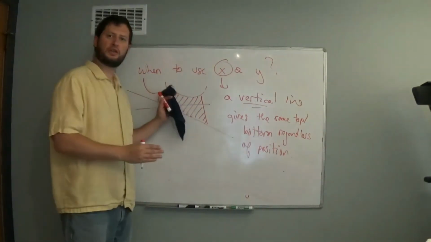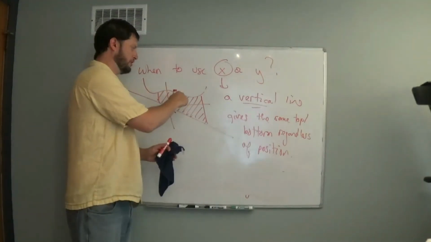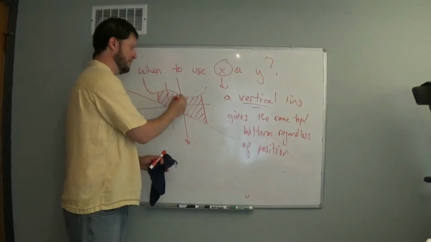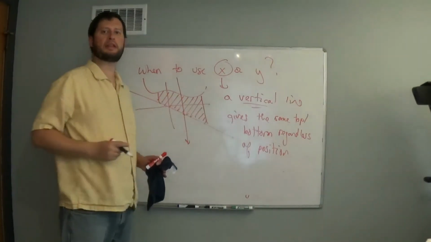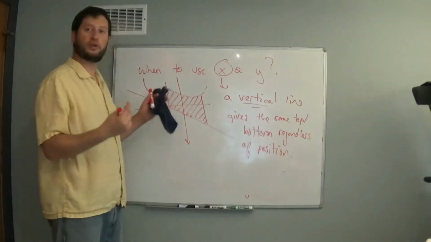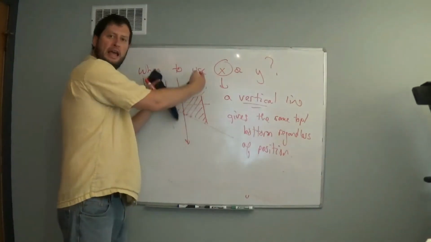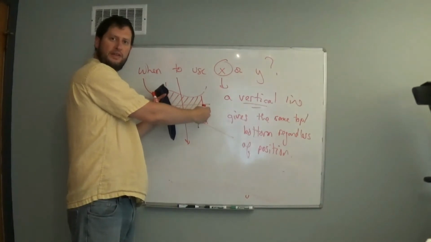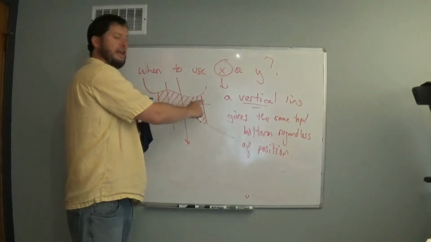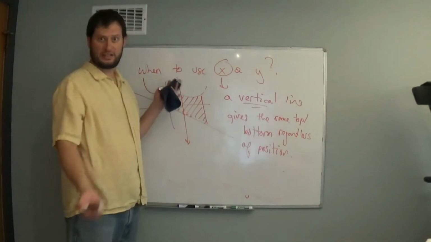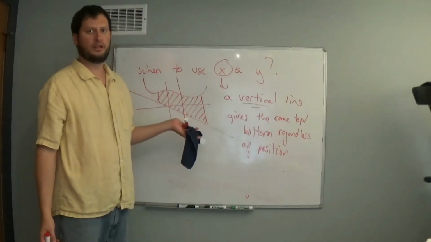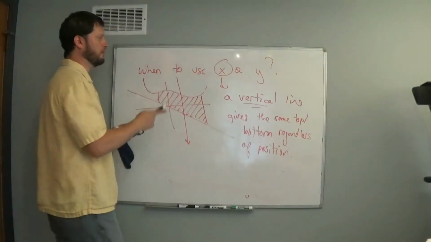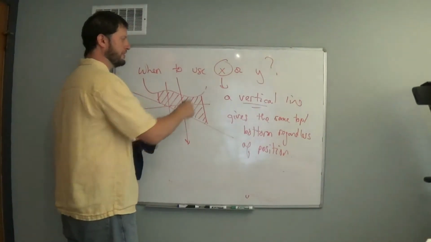So if a vertical line gets top curve and bottom curve, so the vertical line here, top curve is the same, bottom curve is the same, no matter where we make that vertical line. And so a good indication will be if my endpoints are vertical lines. And if the endpoints are vertical lines like we have here, then this is x equals something to x equals something. That's telling us that x is the variable, and so that's why we're using x. That doesn't have to be the case, as we saw with the previous one, but this is the bunch line.